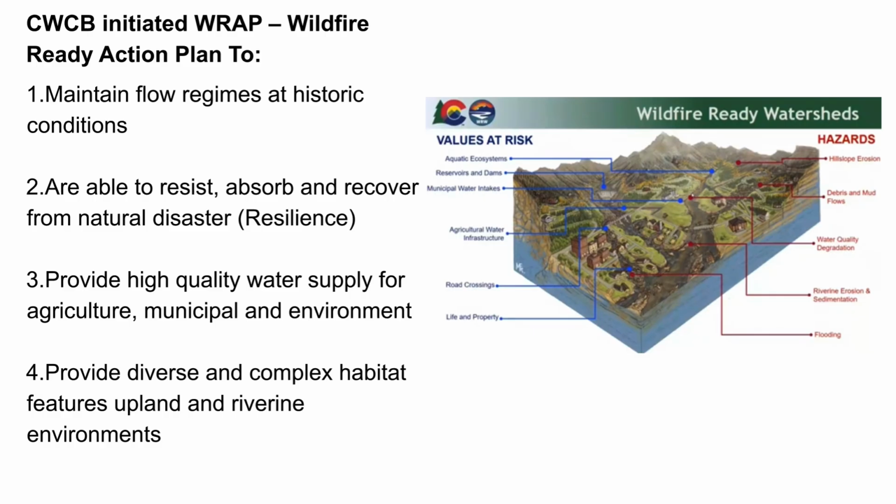Provide high quality water supply for agriculture and municipalities like the Town of Crested Butte, and for the environment. Provide diverse and complex habitat features, upland and riverine environment. And our consultants will go over this diagram in detail.